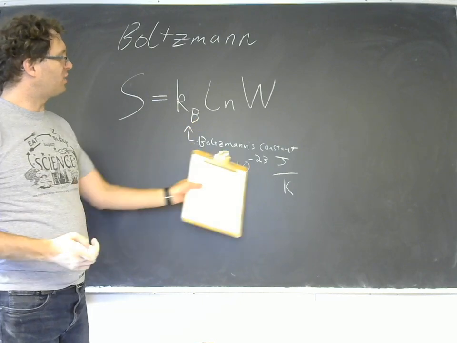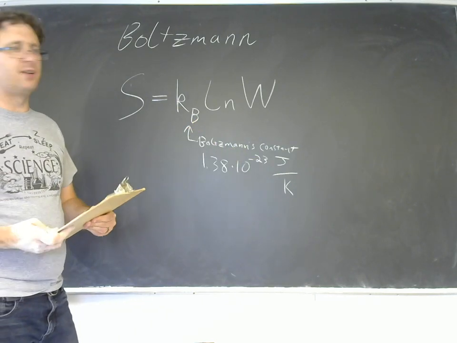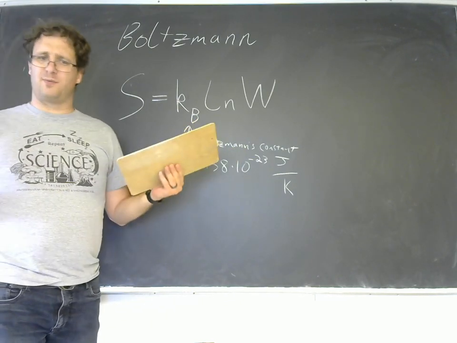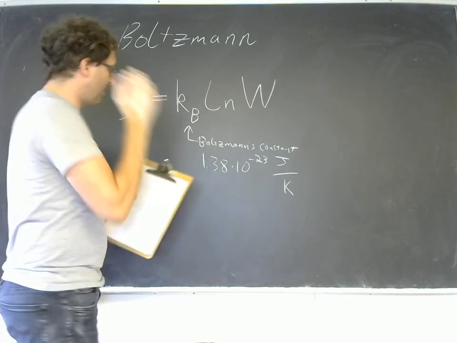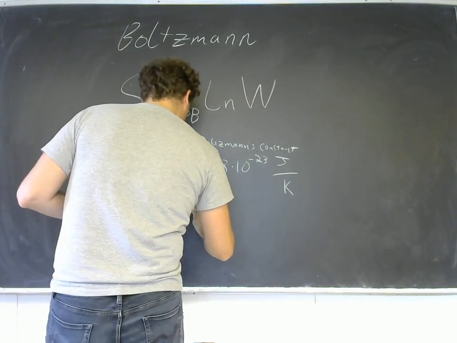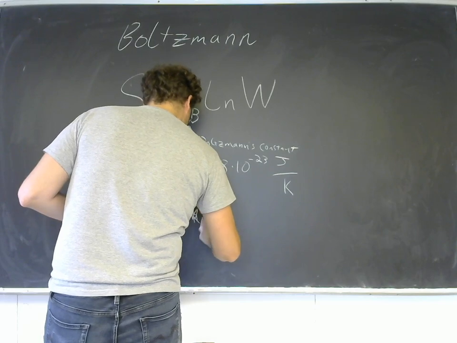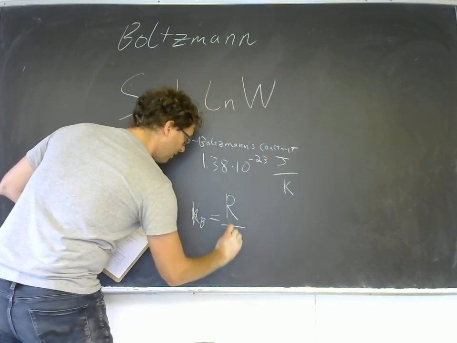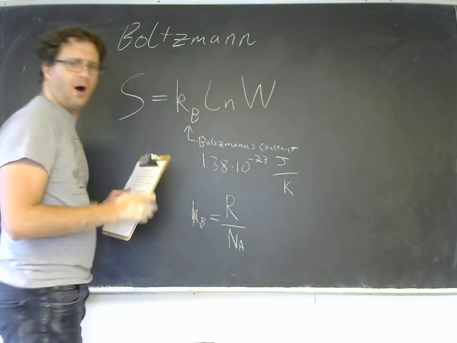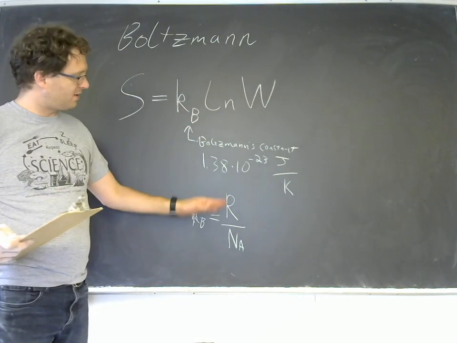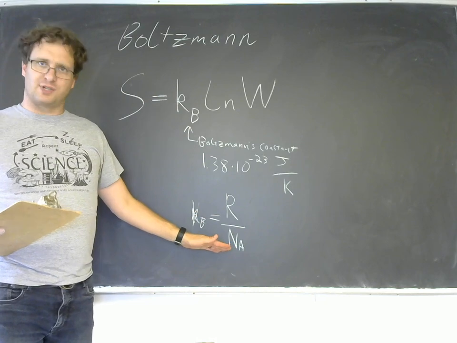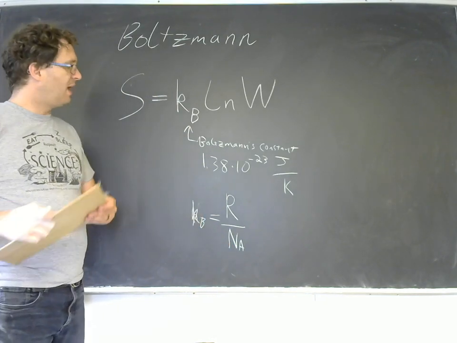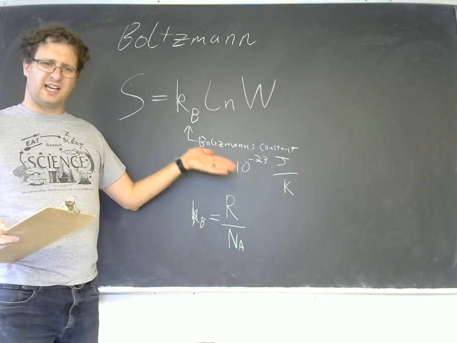And Boltzmann's constant is a very small value. What's really mind-blowing is that Boltzmann's constant, lowercase k_B, is actually equal to R, the gas constant, divided by Avogadro's number. Remember, the gas constant has many different forms.